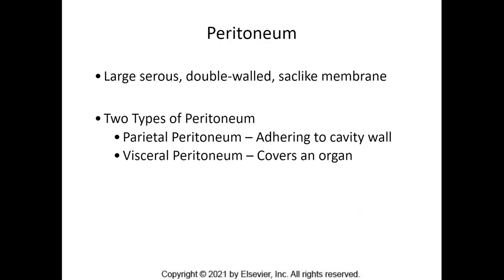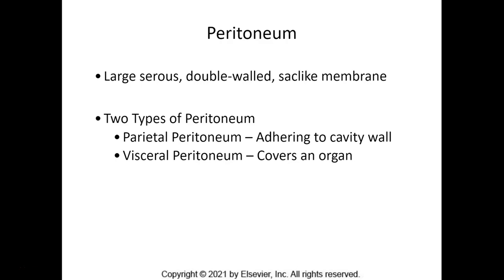Okay, so most abdominal structures and organs, in addition to the wall of the abdominal cavity, are covered by a large, serous, double-walled membrane called the peritoneum. Okay, so just think of it as a membrane.